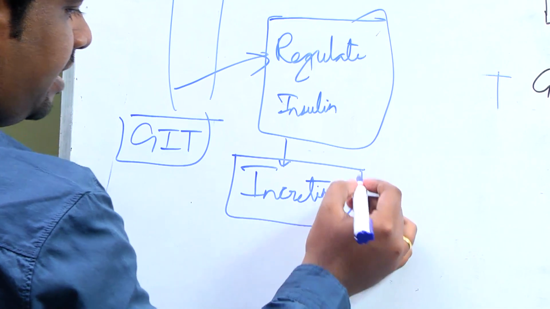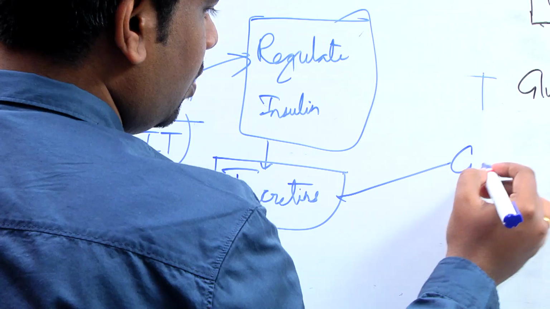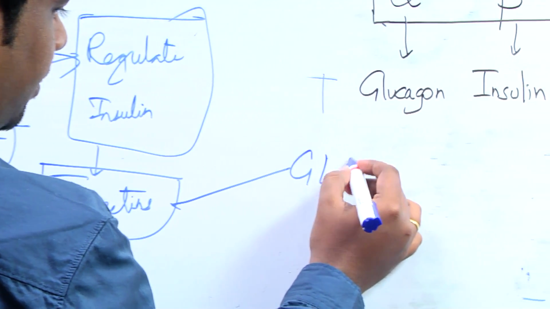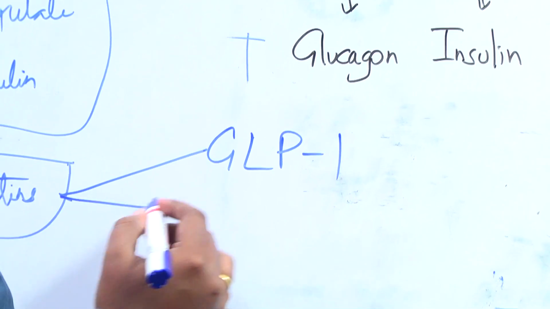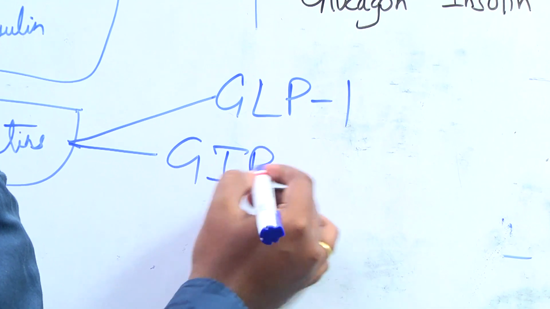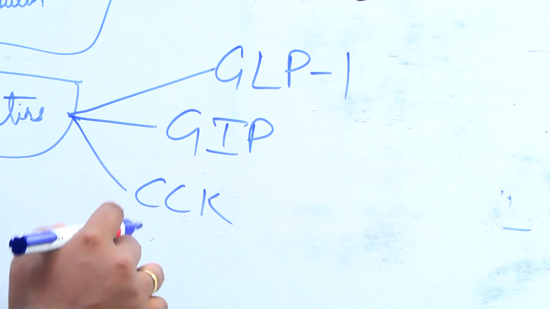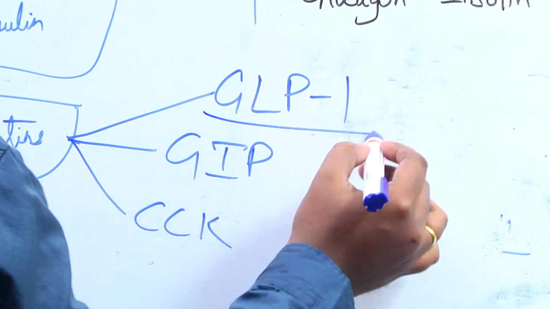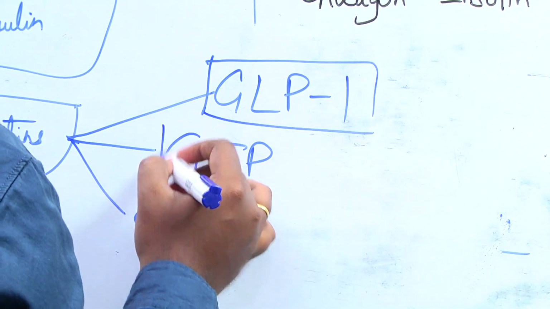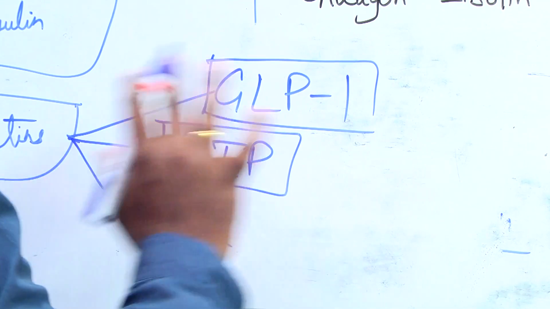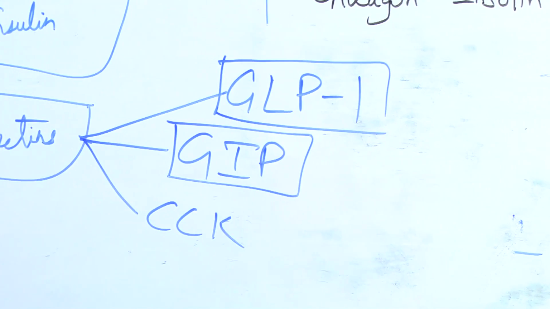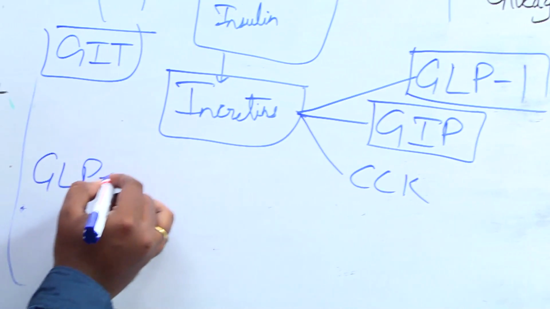The incretins include glucagon like peptide 1, gastric inhibitory peptide, CCK, and other hormones. So we will be seeing about the GLP-1 and GIP in great detail. First let us see about GLP-1.